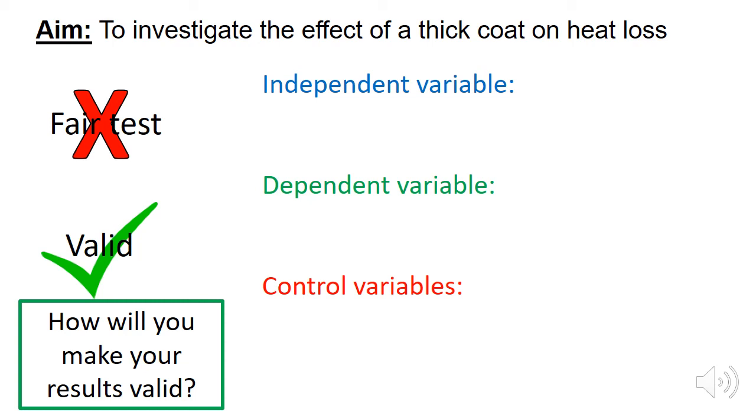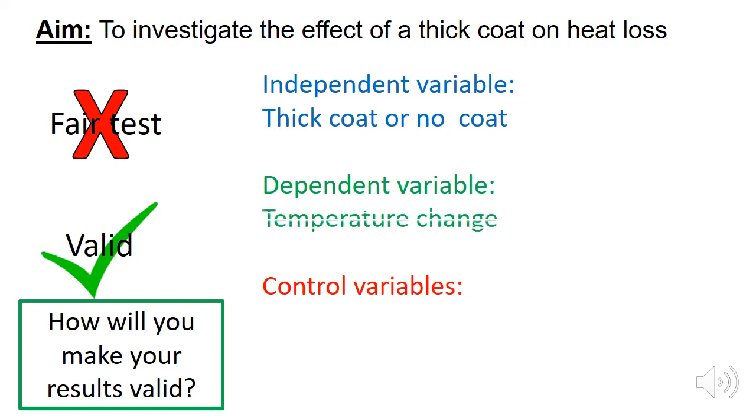So, how did you do? Did you identify the independent variable, so what we're changing, as whether or not the glass of water or the organism has a thick coat or no coat? Did you identify the dependent variable as the temperature change?